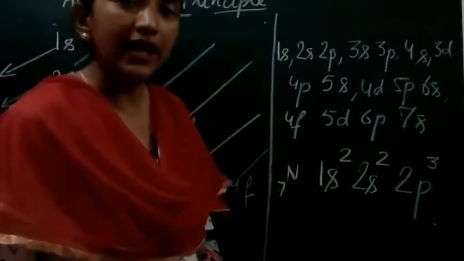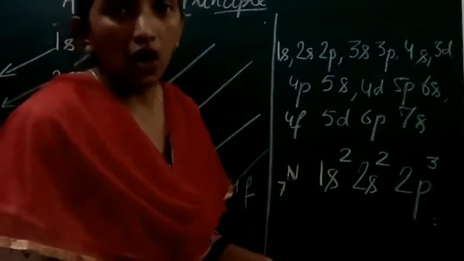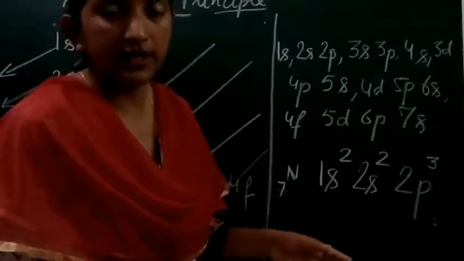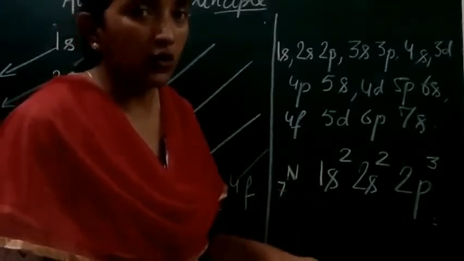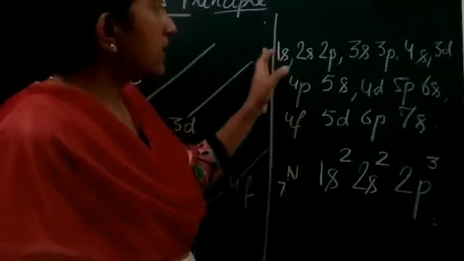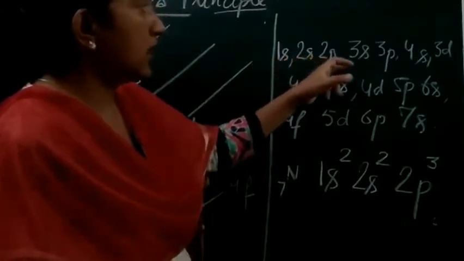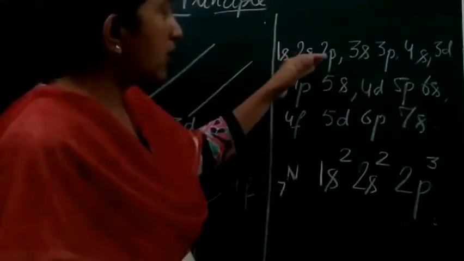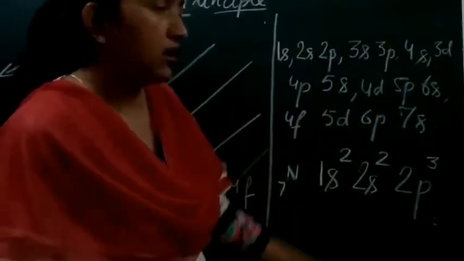I think you remember that n plus l rule: the orbital which has the lower value of n plus l gets filled first. So in this case we have the lower energy, 1s, 2s, 2p, 3s. They have got lower values of n plus l, and gradually the value is going to increase.